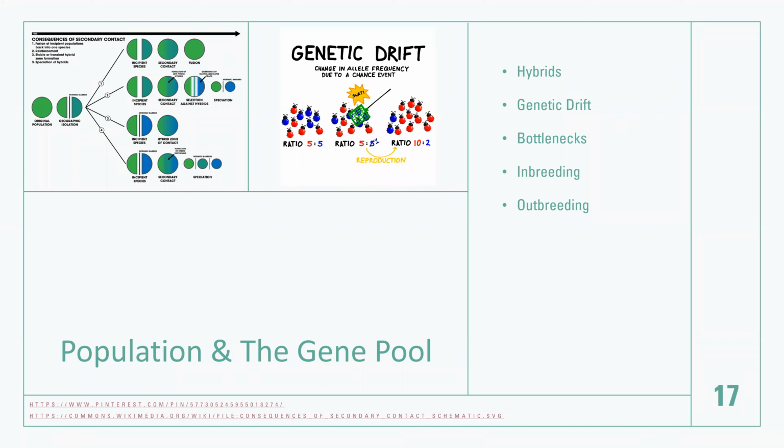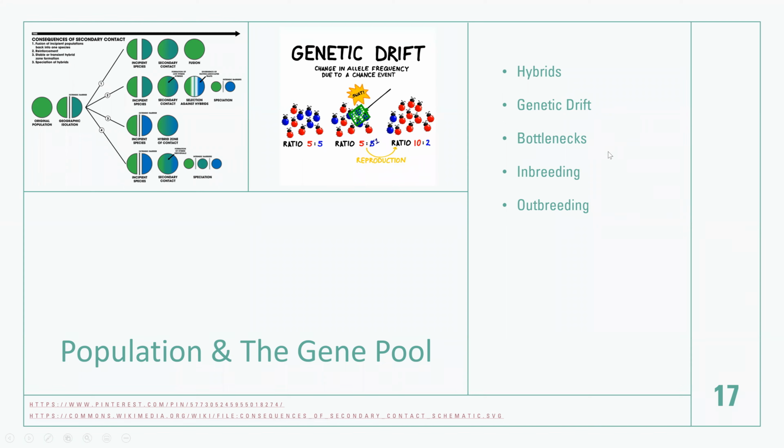This can also be caused by founder effects, say our ancestors moving from continent to continent. When a group or population of humans or animals or trees go from one place to another, you have reduced variability because of the low number of people or animals or plants actually moving. And that reduced variability means that there can be something called inbreeding.